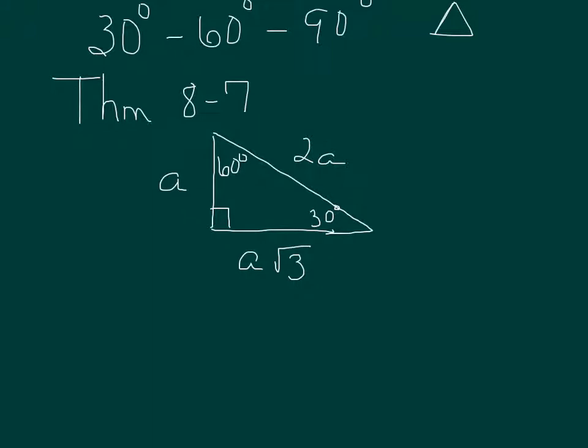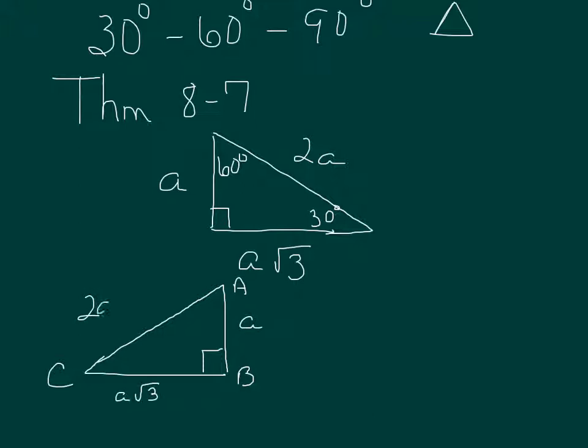So let's say that we have a triangle ABC that is a right triangle. We know that this side is A, this side is A square root of 3, and this side is 2A, but let's say that 2A equals 8. Can I find side AB, leg AB? How, Aiden?